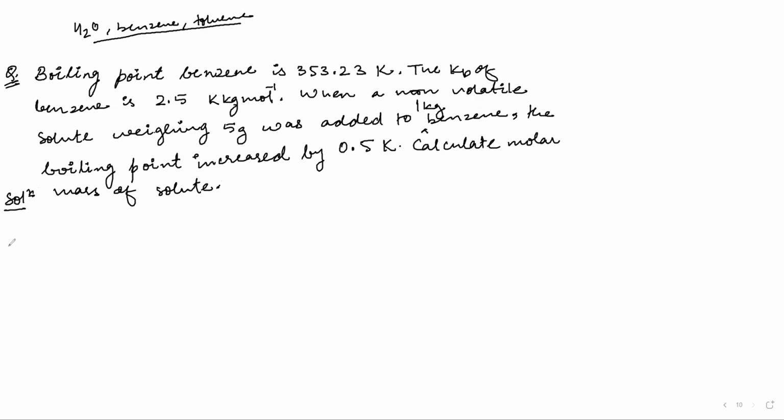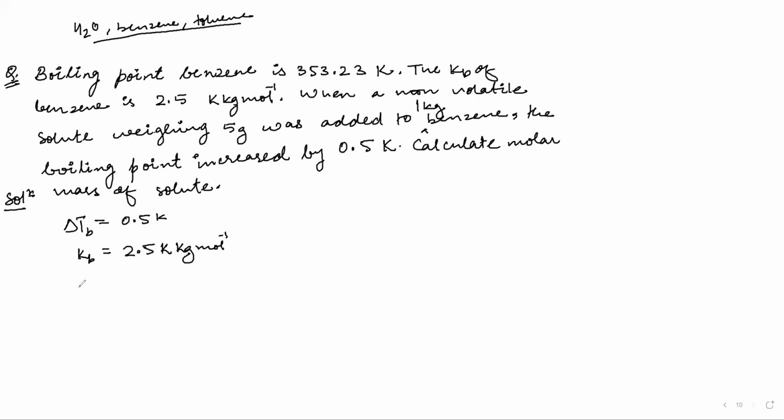Do this problem and let me know. Delta Tb is given directly, so you don't have to write Tb and everything else. Delta Tb is 0.5 Kelvin. Kb is 2.5 K kg mole inverse.